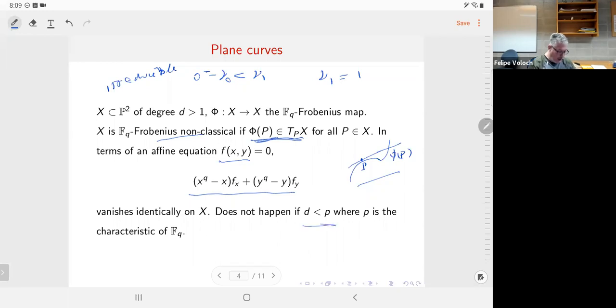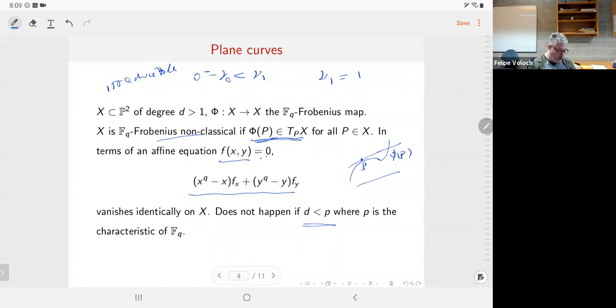One condition that will ensure that this polynomial does not vanish identically on the curve is degree less than p. So if the characteristic is big, things work very nicely. And now we can count the common intersection of these two curves. If they don't have a component in common, and f is assumed irreducible, so this other polynomial doesn't vanish on f, you can count just by Bezout.